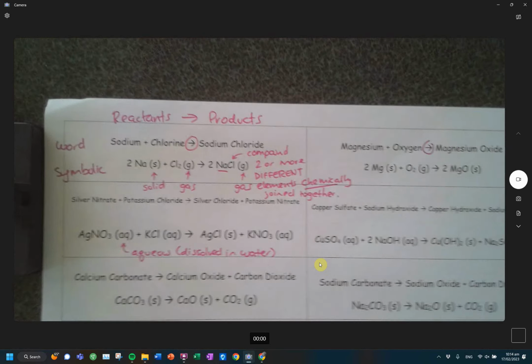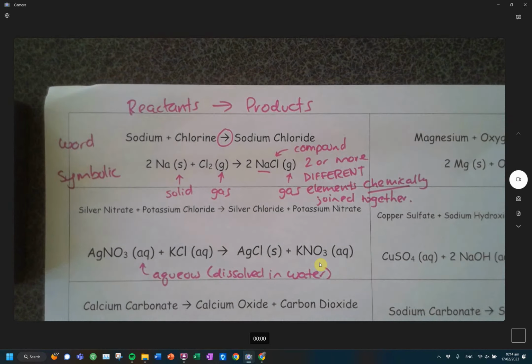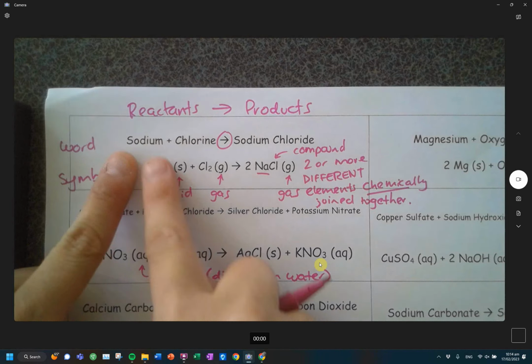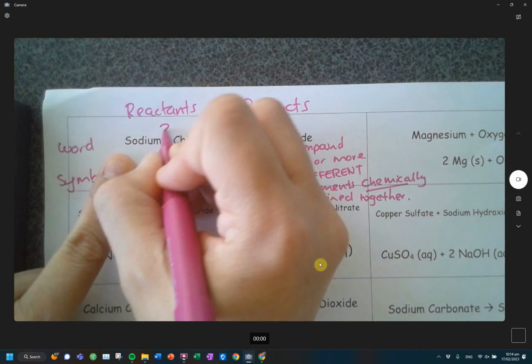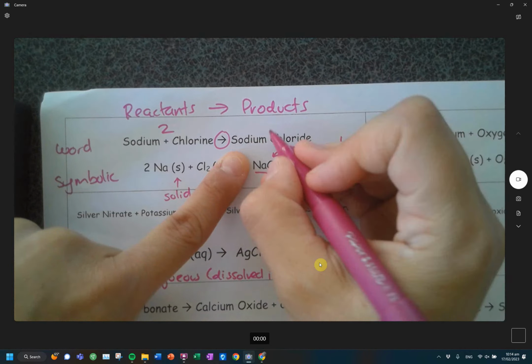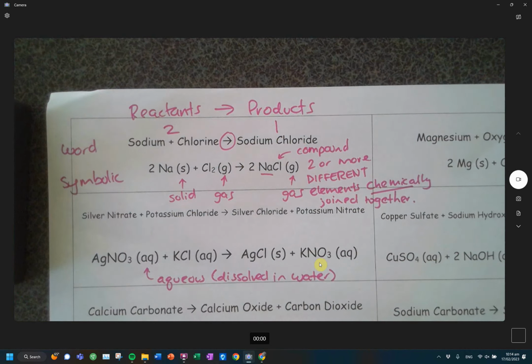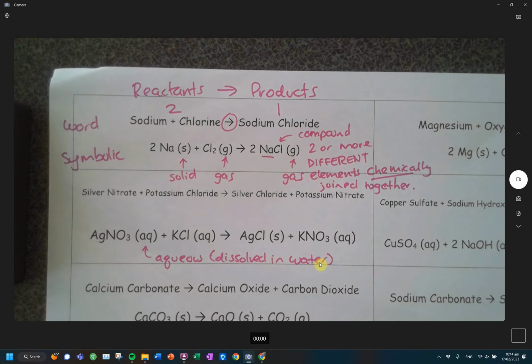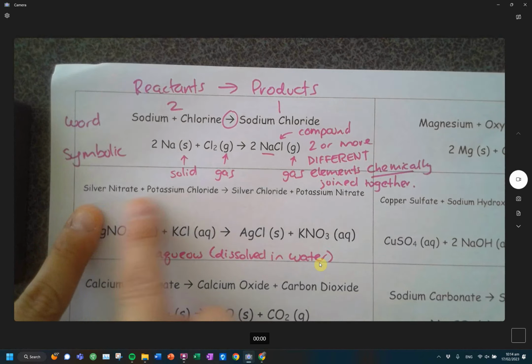Are we good so far? So those are the things I would look for. So on this side, I have 1, 2 for my reactants. On my product side, I have only 1. If I go to the next one down, I see that there's 1, 2.